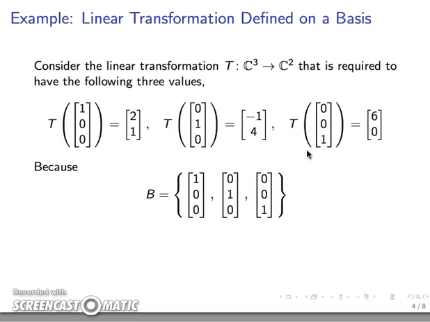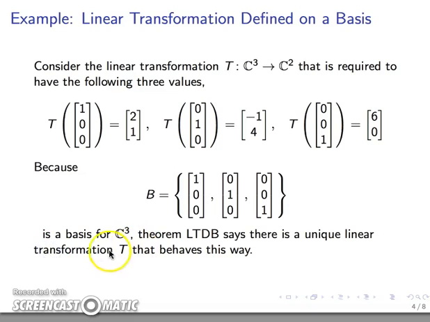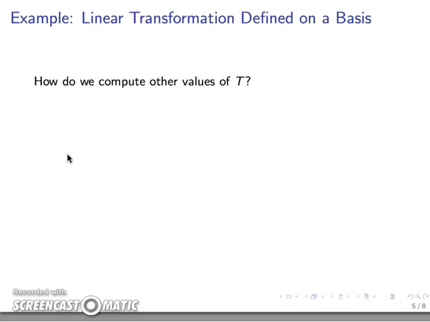And so this is what we were noticing before, that this set B has the property that it spans C sub 3, right? So the previous theorem tells us that there is a unique linear transformation that behaves in such a way.